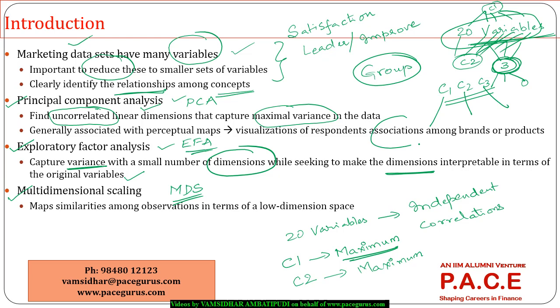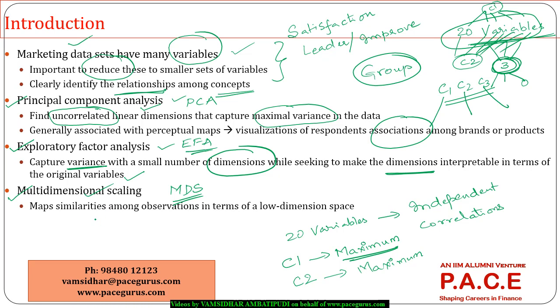Here it's a linear combination of the original variables, whereas in exploratory factor analysis, we are interpreting the dimensions in terms of the original variables themselves. We will talk about it in more detail when we are executing it.